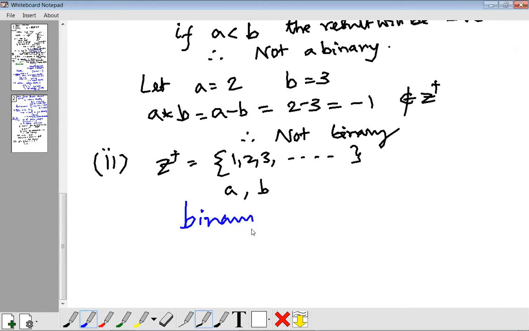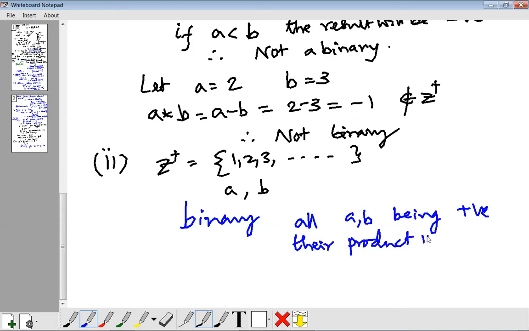So it's binary because for all A, B being positive, their product is also positive. Product means multiplication.